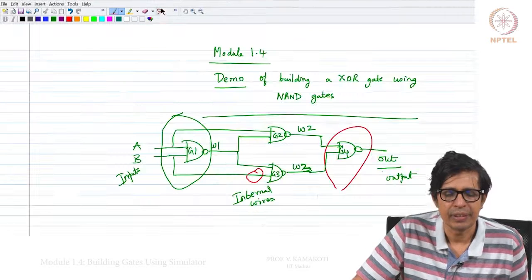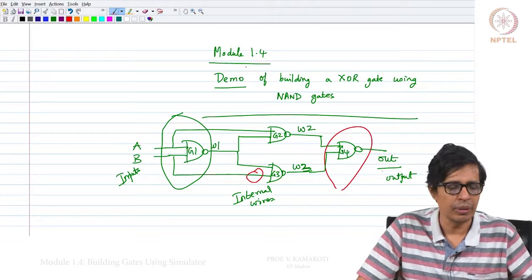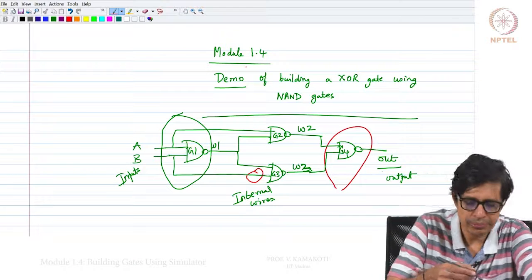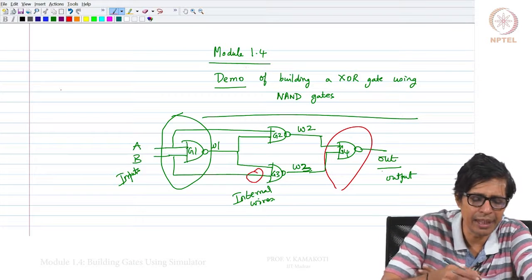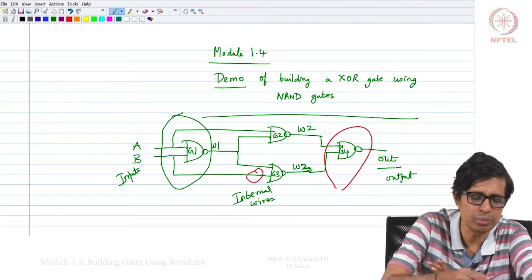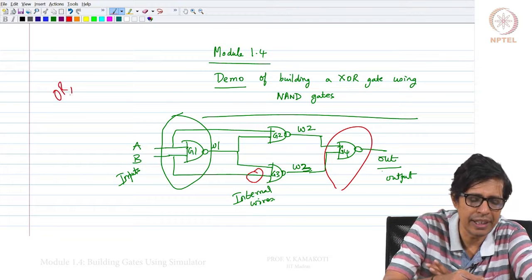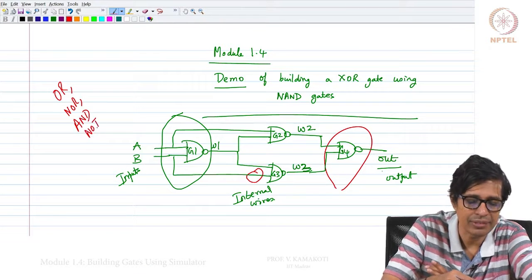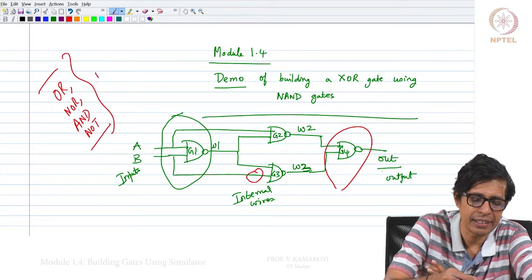Okay. Now, as a part of this, I give it as an exercise for all of you to do OR gate, NOR gate, AND gate and NOT gate itself using NAND.